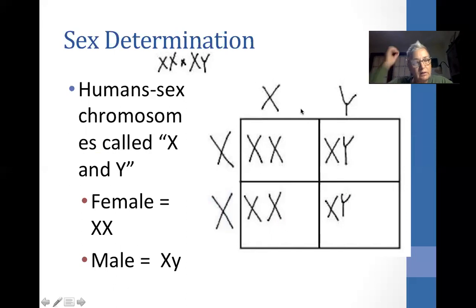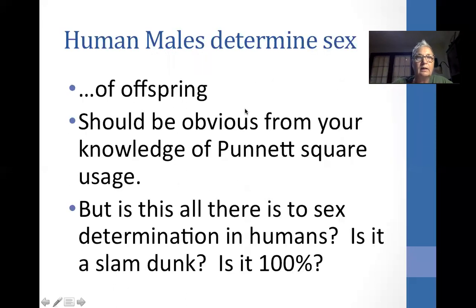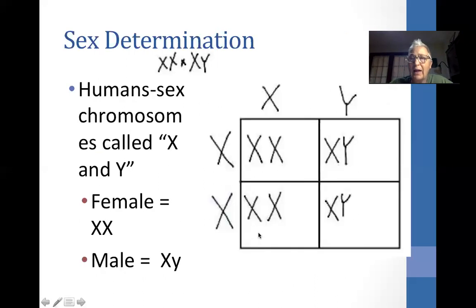All right, and you can notice, we're going to talk about this in the next slide. I just kind of went through that. It seems like based on this probability, it's 50-50, and I would say that's pretty close. That ratio is not exact. There have been some discrepancies in the numbers that we can actually observe in human populations, and it has led to a lot of research. The short version of the story is it's pretty close to 50-50, with more males making it to birth.